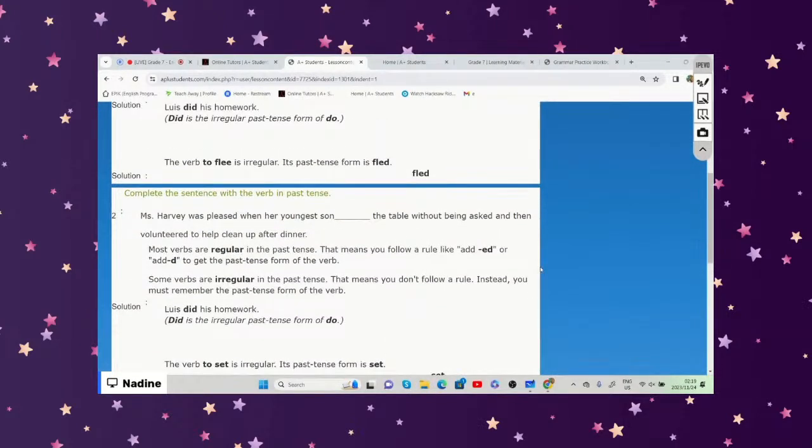Miss Harvey was pleased when her youngest son set the table without being asked and then volunteered to help clean up after dinner.